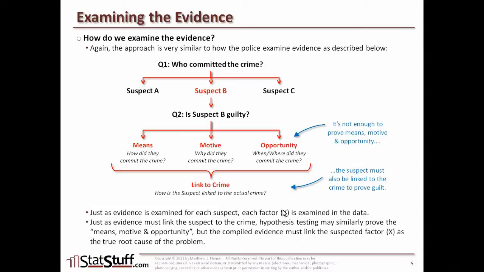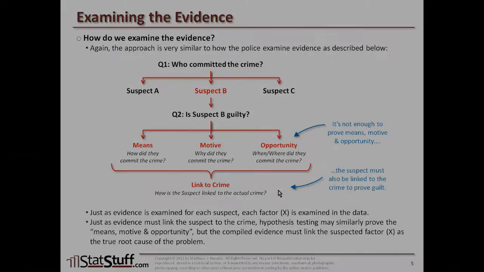So we need to take it one factor at a time. And just as evidence must link the suspect to the crime, hypothesis testing may be necessary in order to prove the means, motive, and opportunity, but we must not stop there. We must move on to compiling all the evidence that compellingly links the suspected factor, the one that is the root cause, to help us prove whether that really is the true root cause of the problem.